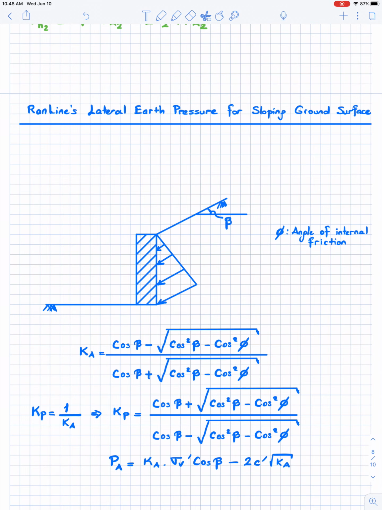If we have a sloping ground surface as shown in this figure, we are going to be calculating the lateral earth pressure acting in a direction parallel to the ground surface. Let me note this for you as well.